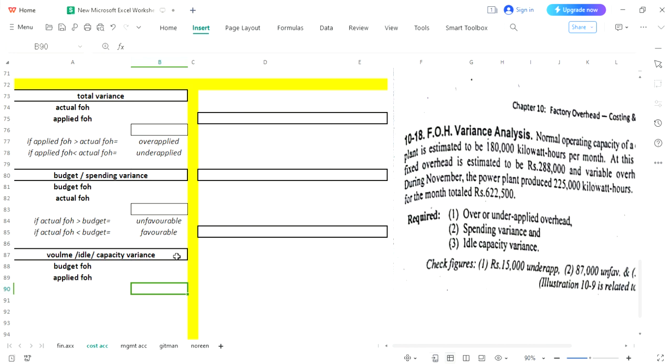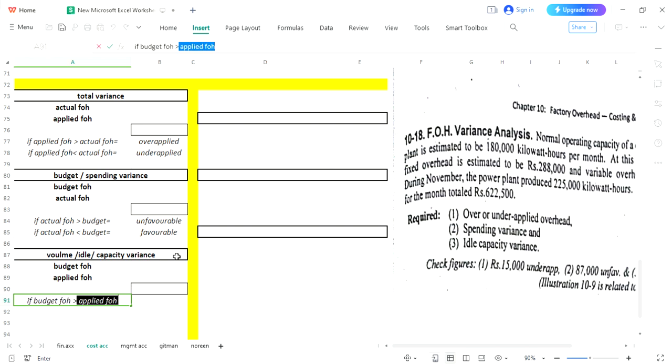Here you will subtract budget FH and applied FH, and you will get your capacity variance, and finally you will conclude: if your budget FH is more than your applied FH, it would be unfavorable for you. Why?